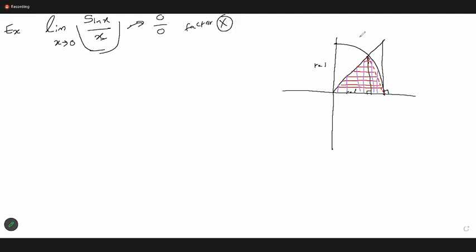Now you can identify the three areas, right? So I'm going to write the area.